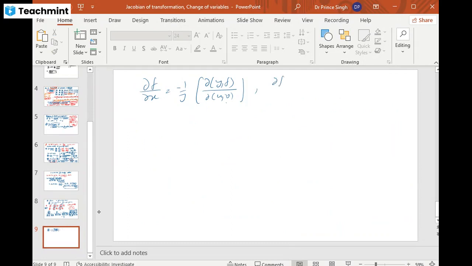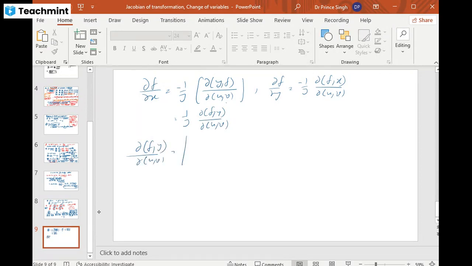So what is the value of ∂f/∂y? This is minus 1 upon J Jacobian of fx with respect to uv. So here, if I want to adjust this negative sign, we know that this is nothing but a determinant. If we adjust this negative sign, it means that we simply need to interchange a position. So this is 1 upon J times the Jacobian of fy with respect to uv, because what is the Jacobian of fy with respect to uv?